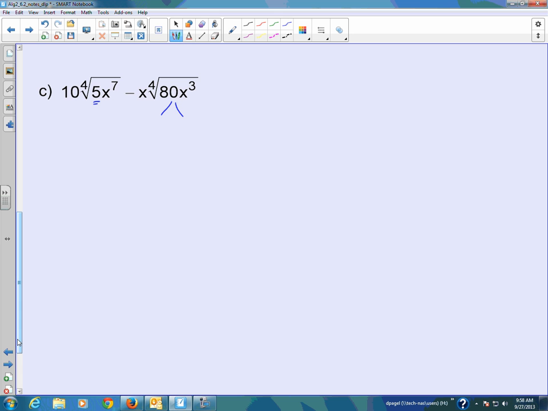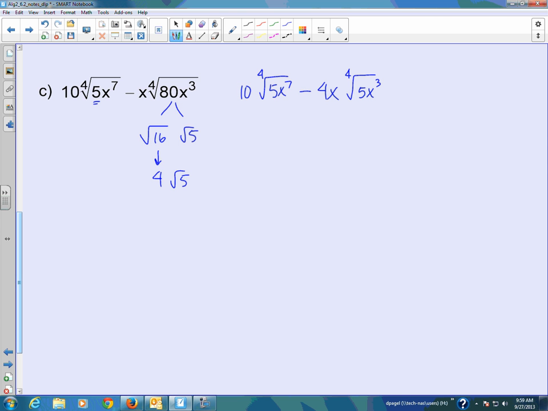So 5 is prime, 80 becomes square root of 16 square root of 5, which is just 4 square root of 5. All right. So I have, so far now, with that, a 10 times the fourth root of 5x to the 7 minus a 4x times the fourth root of 5x cubed.